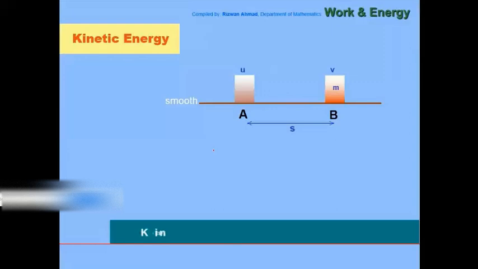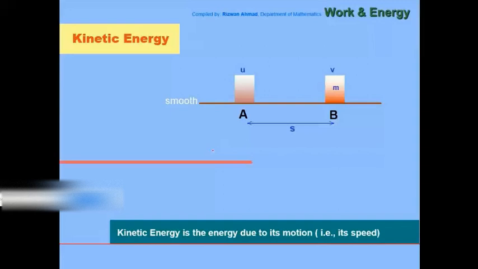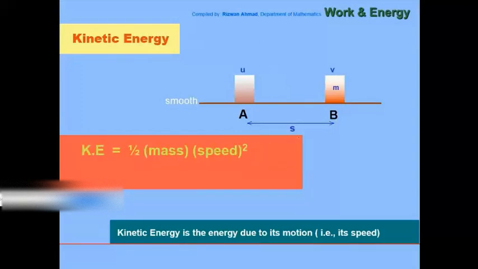The definition of kinetic energy is that it is energy due to the motion of the object, which means due to its speed. If speed is zero, obviously the kinetic energy will be zero. Objects at rest have zero kinetic energy. The formula for kinetic energy is half mv square, mass times the speed square.